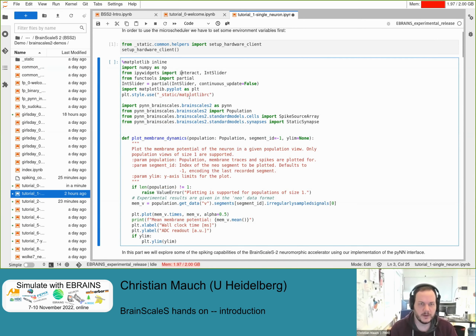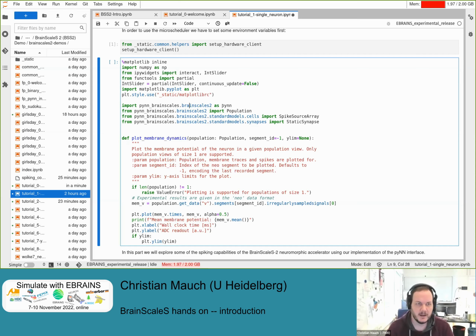Here the important import is the PyNN BrainScaleS module, which is a version of PyNN specialized for our hardware. PyNN, for those of you who don't know it, is a domain-specific language which has the goal to provide a way to describe neural network experiments in a simulator-agnostic, or in our case, emulator-agnostic way.